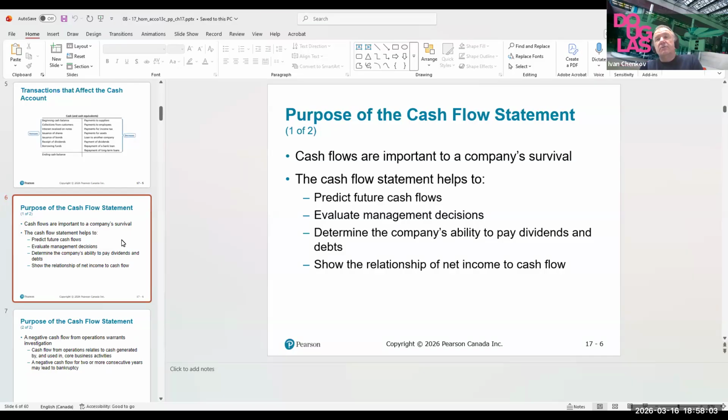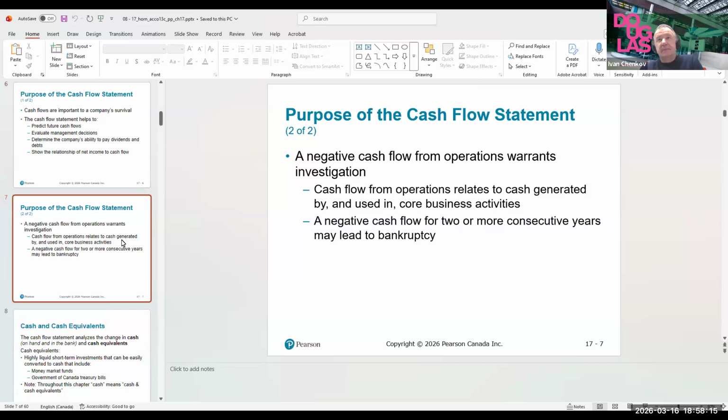And the other thing is that it shows the relationship of net income to the cash flow. Obviously, net income has nothing to do with cash flow, but at least we can see some relationship between those two numbers. The other purpose of the cash flow statement is that once we see a negative cash flow, obviously you're going to see the investors running away from the company, unless they're willing to take a risk.